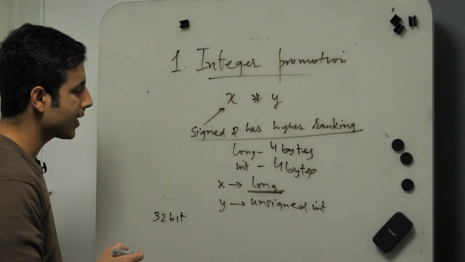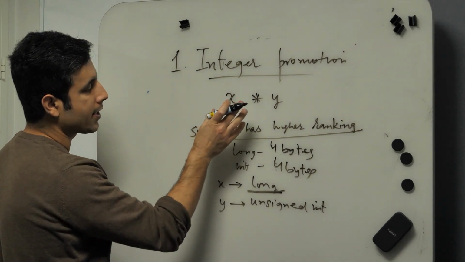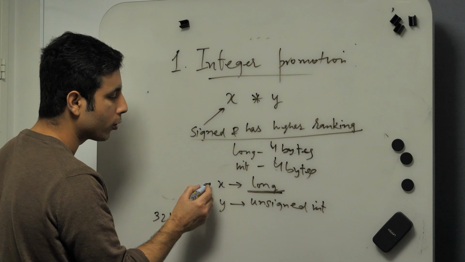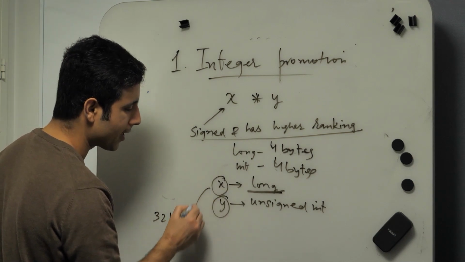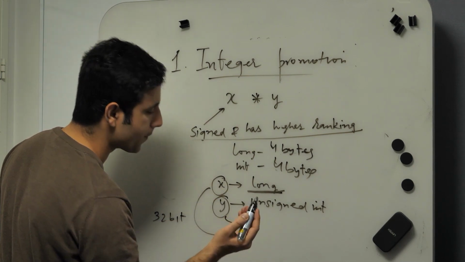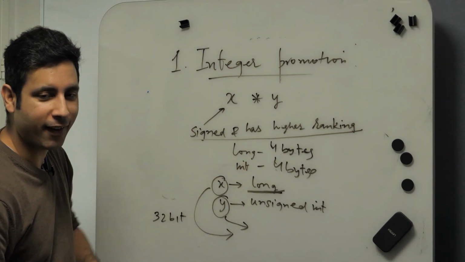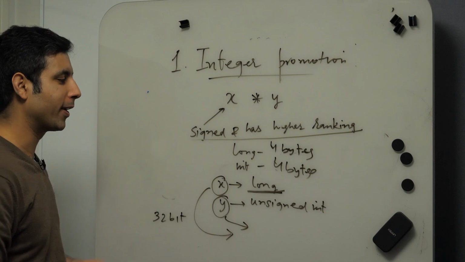In that case, both of these operands are promoted to the unsigned variant of the operand with higher ranking. This is the most complicated part.